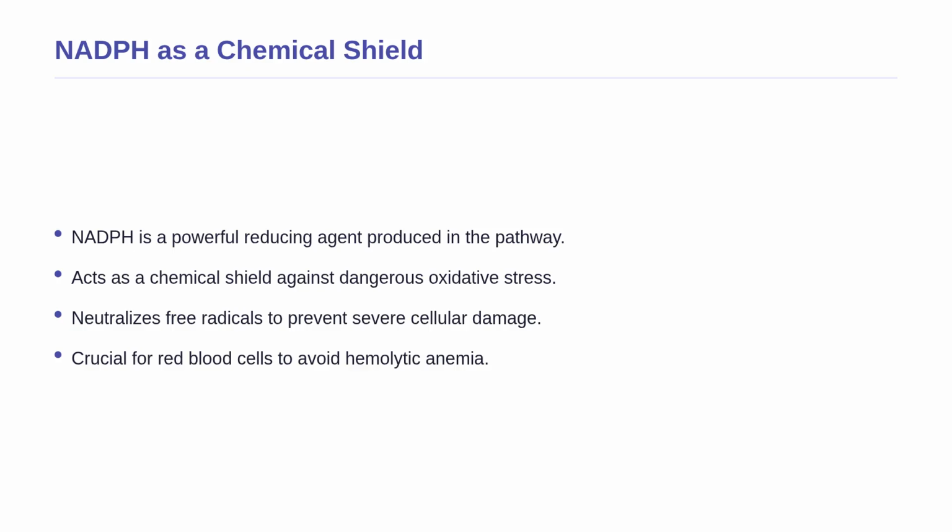This dynamic shifting brings us to a very important question. Why go out of the way to use this pathway? The answer lies in survival. The first major product of this pathway is NADPH. You can think of NADPH as a powerful reducing agent that acts like a chemical shield for the cell.